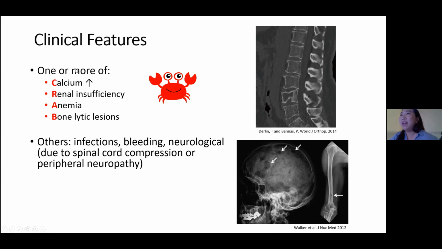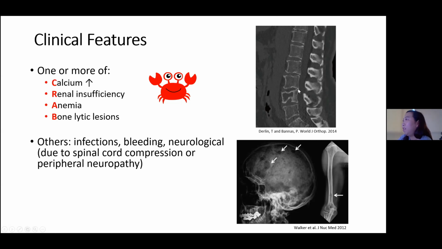And there's a mnemonic for that called CRAB. That's a classic mnemonic in myeloma that we teach in medical school. It can also lead to infections due to depressed normal immunoglobulin production, and bleeding, for example, because you have low platelets, and neurological symptoms due to pathological fractures affecting your spinal cord.